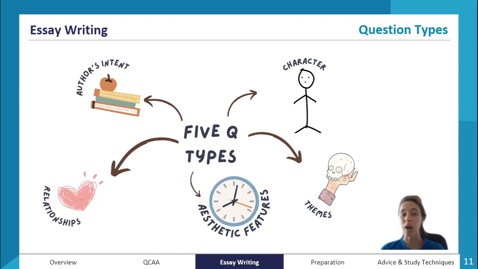Some of these will sometimes be overlapping. Oftentimes you'll be looking at themes, for example, and you still have to factor in different characters in relation to those themes. But these are the 5 ways that predominantly we can classify our questions. So let's break these down and have a look at each in turn.